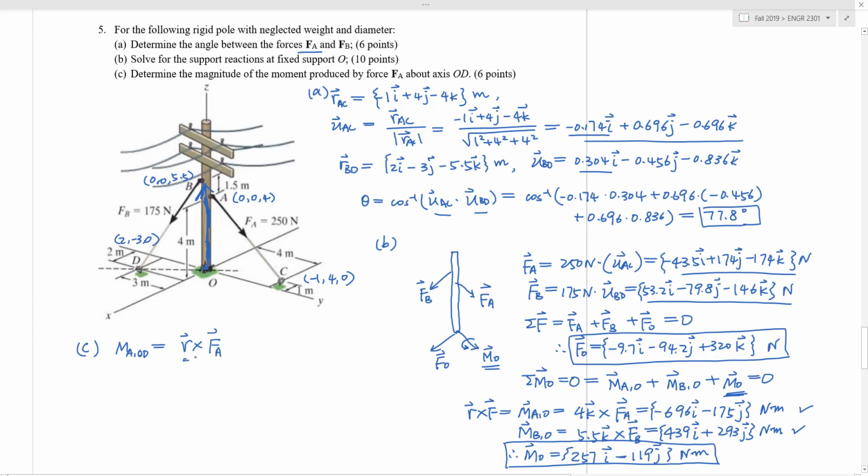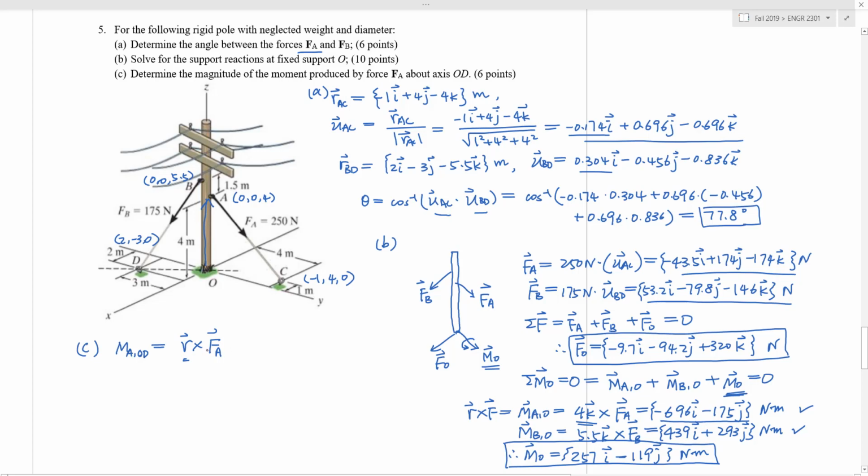Okay, this position vector can be anywhere from the axis OD to anywhere along the force FA. So in this case, we might as well use what we did earlier. We choose this 4k right here. Might as well use the result that we did earlier. Okay, choose this right here. So this will be the moment caused by FA about O.